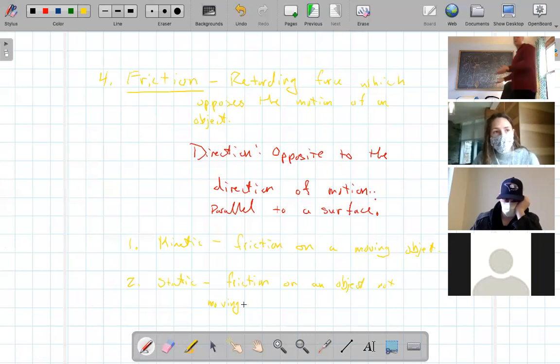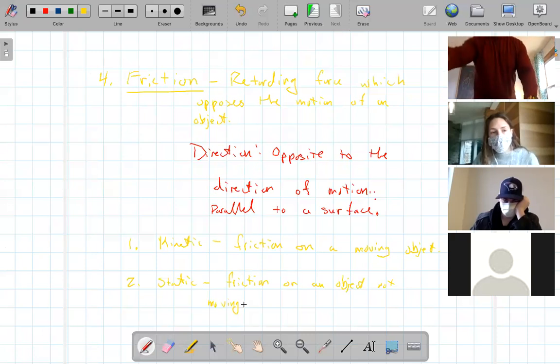as I walk, what causes me to walk? What propels me forward?